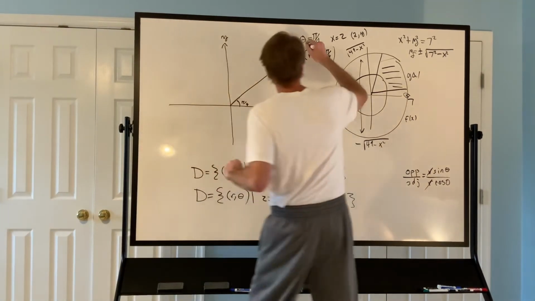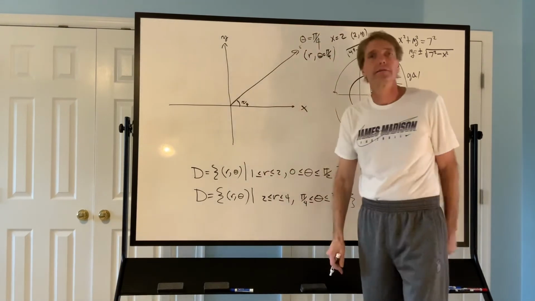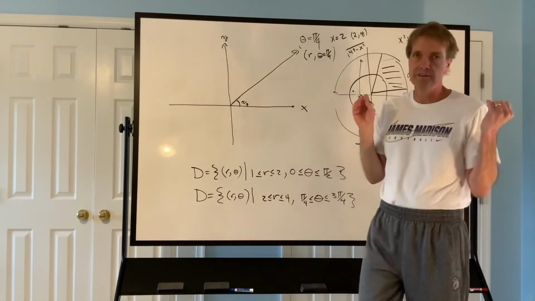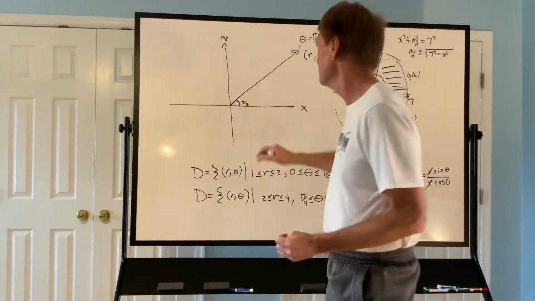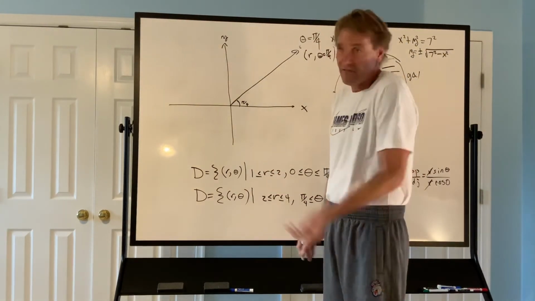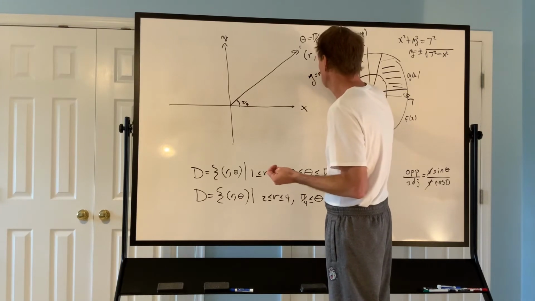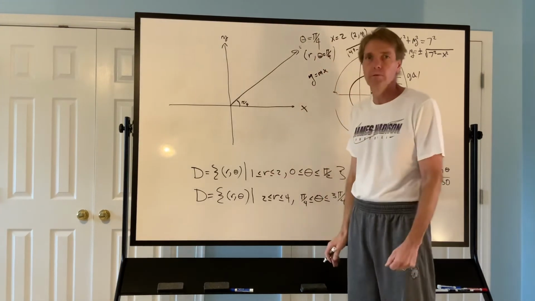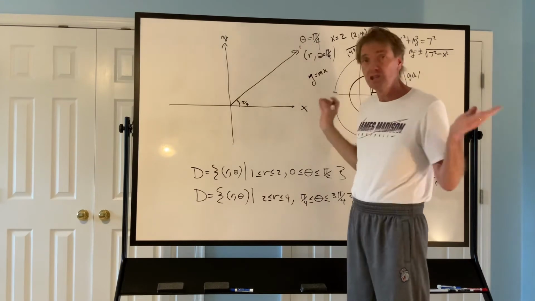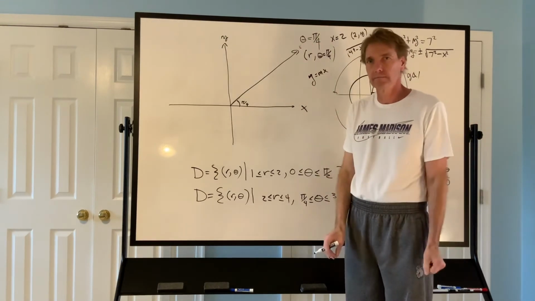So this is actually the coordinate curve theta equals pi over 4. You're like, Dr. Warren, why are you calling it a curve? It's clearly a line. And in fact, it's like a line back in Cartesian form of y equals m x. But in polar form, it's just theta equals a constant.